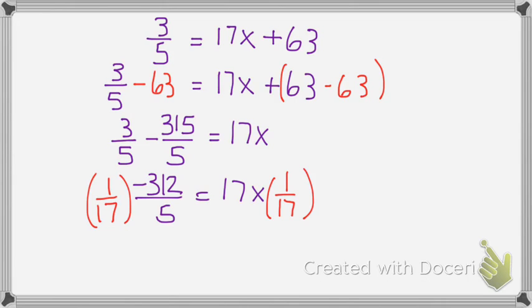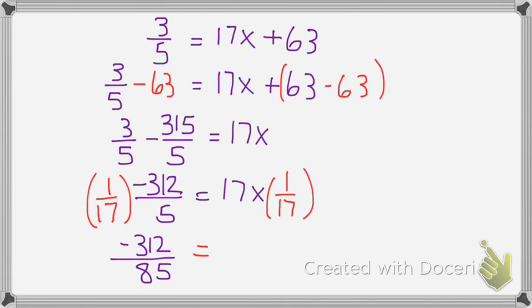And since 17 is not a factor of 312, I can just rewrite this fraction here as negative 312 over 5 times 17, which is 50 plus 35, which is 85.